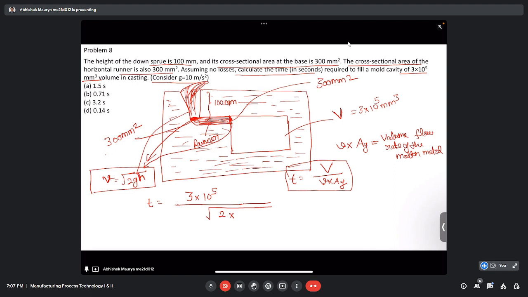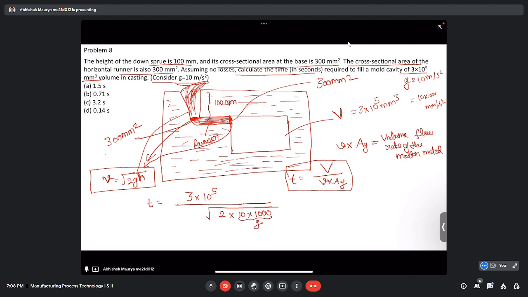Since all dimensions we are taking in mm, we have to convert g, which is given as 10 meter per second square. If we convert it into mm per second square, it will become 10 into 1000 mm per second square. So if we write the value of g in mm per second square, it will come this much.